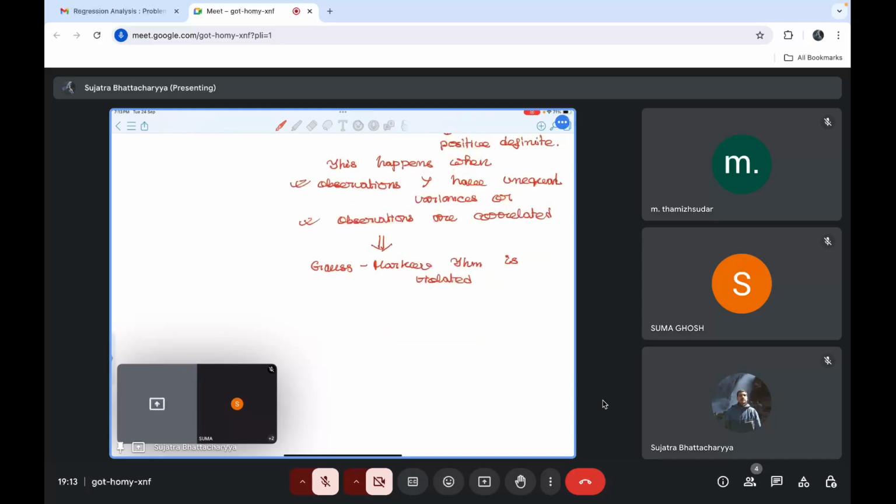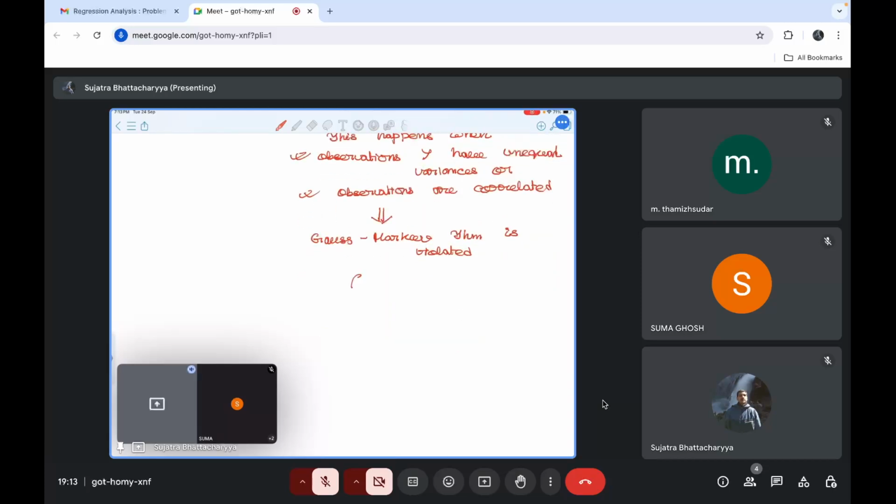So you cannot write beta hat as (X prime X) inverse X prime y. This is not a best linear unbiased estimate.